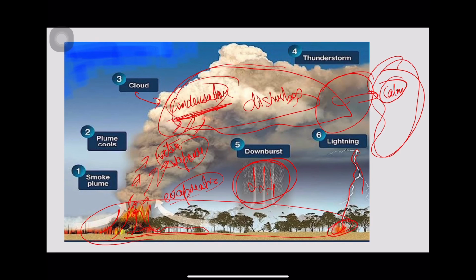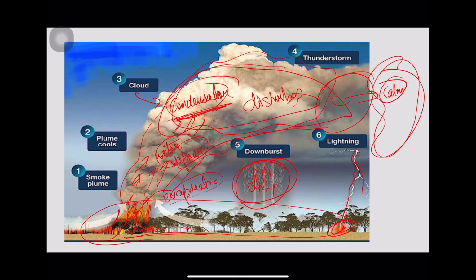This lightning is responsible for further fire. I will repeat myself. These pyrocumulonimbus clouds are spread over a huge area horizontally as well as vertically. They may extend up to hundreds of kilometers.